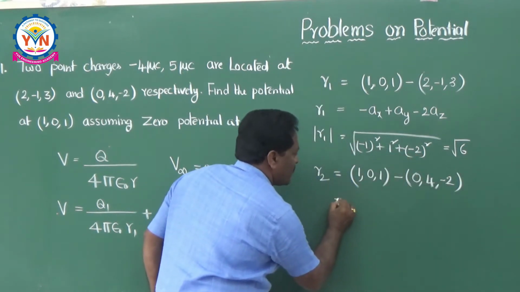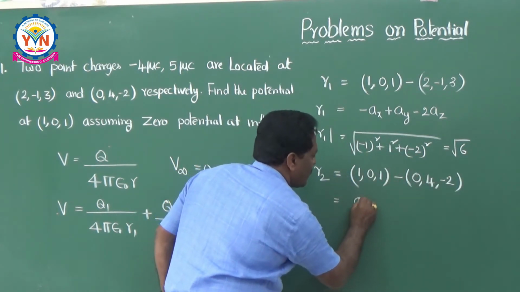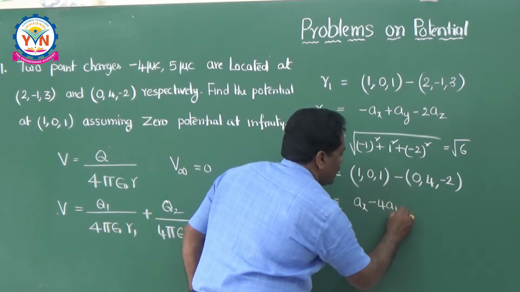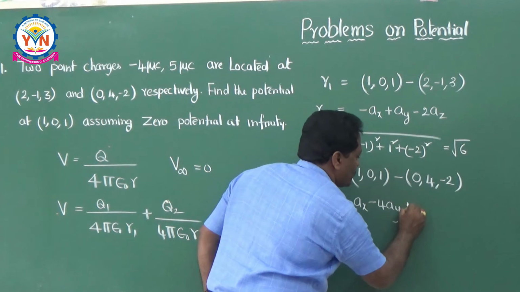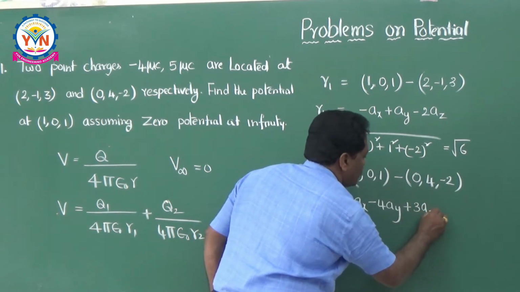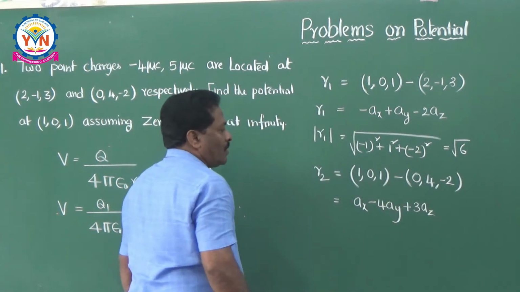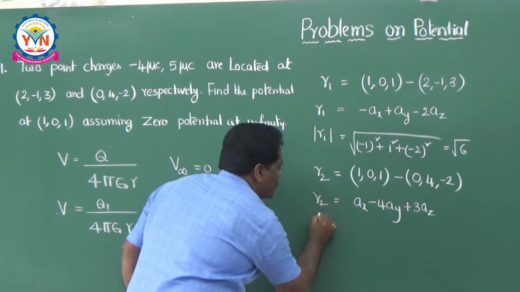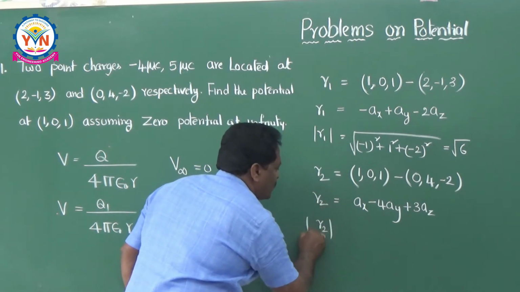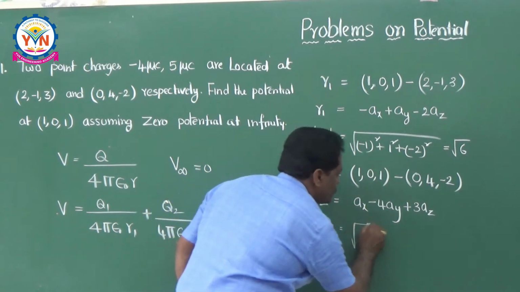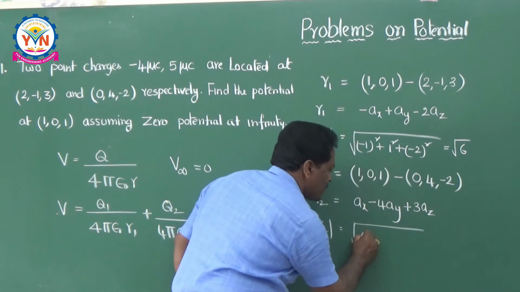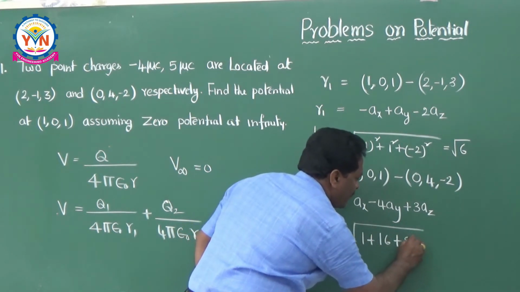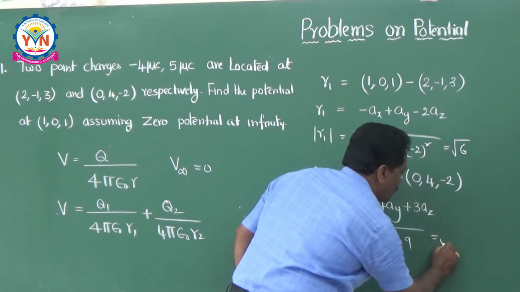Then what is the difference here? 1 minus 0, that is AX, 0 minus 4, that is minus 4 AY, plus 1 minus of minus 2, so plus 3 AZ. So, what is R2? R2 magnitude is equal to root of 1 plus 16 plus 9. That means root 26.